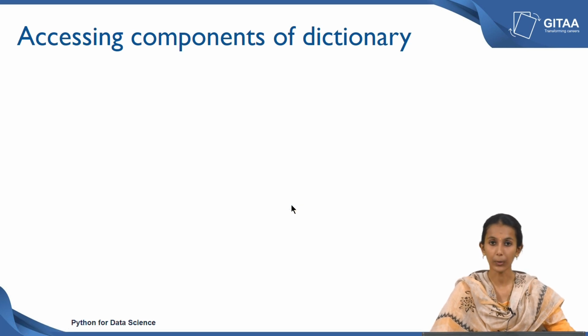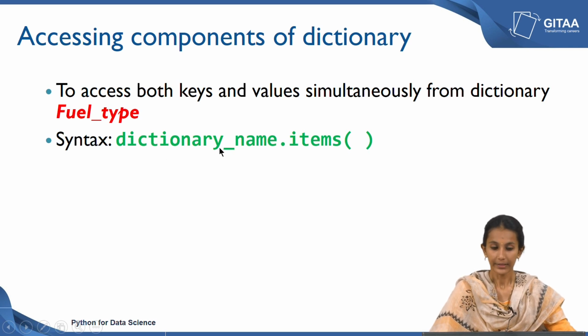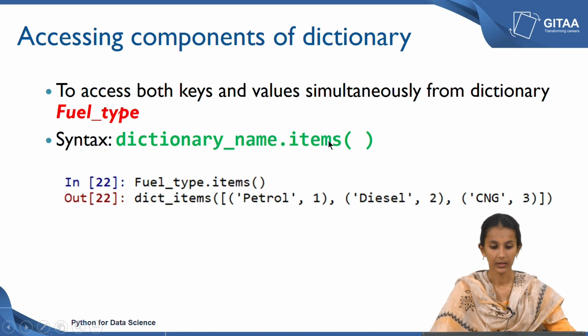Next, if we wanted to access both the keys and values, there is one inbuilt command which gives us an output. The syntax is dictionary_name dot items, so fuel_type dot items. It gives you key-value pairs, which are the keys and values. So, we have dict_items, with petrol as our key and 1 as the value of that key.